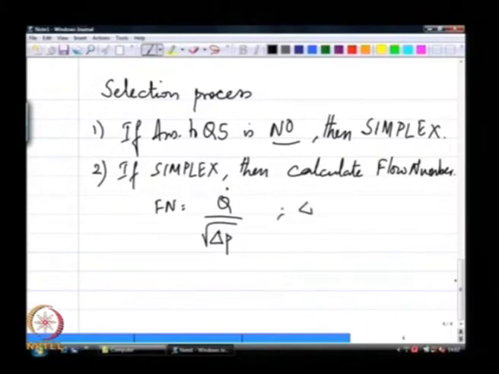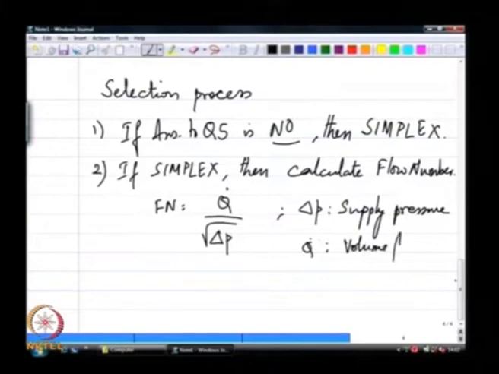Delta p is your supply pressure choice, and q dot is the volume flow rate. So, this q dot over square root of delta p obviously is not a non-dimensional number, as you can see.